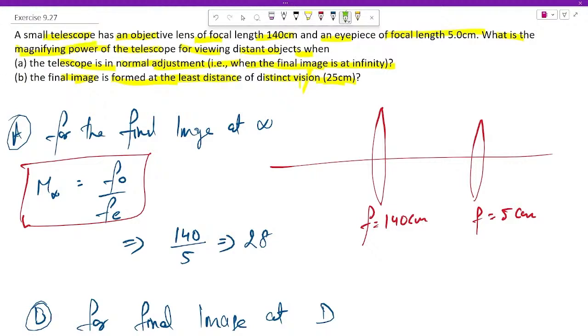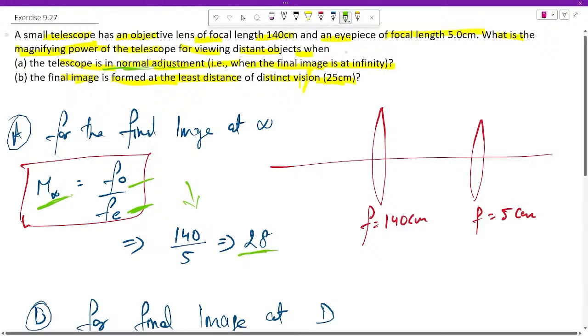We know the formula for the magnifying power: if the image is forming at infinity, it is given by the focal length of the objective divided by the focal length of the eyepiece. Using this formula for the first case, where the telescope is in normal adjustment, its magnifying power would be equal to 28 times.